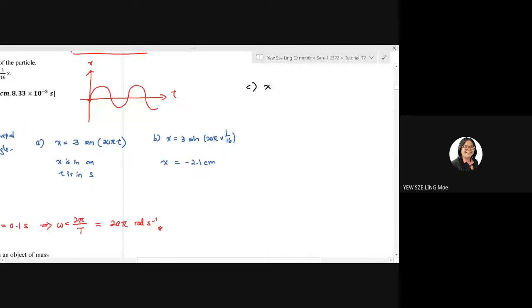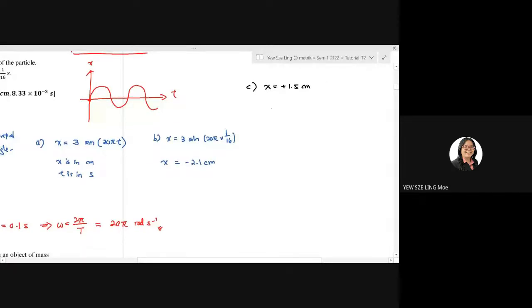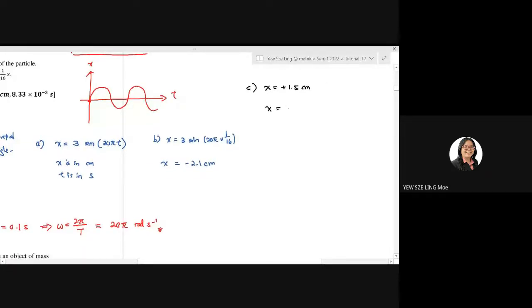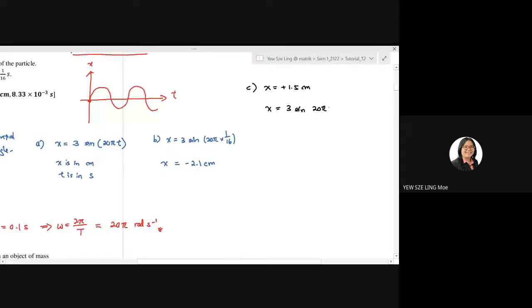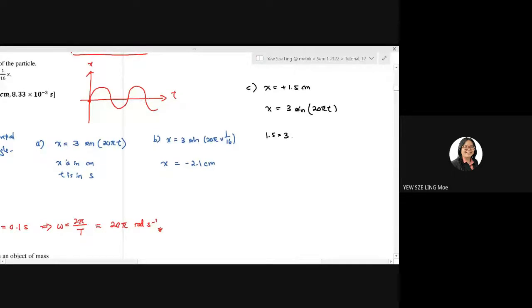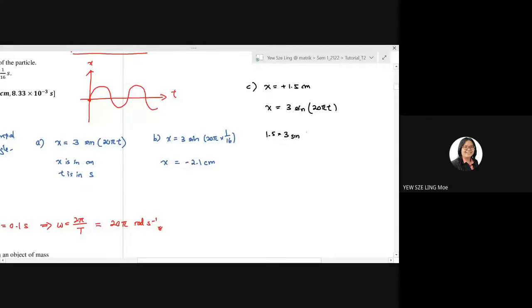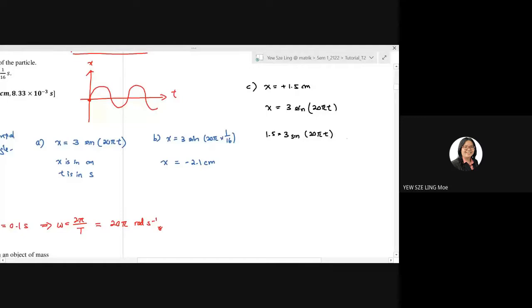Question C. Given x is equal to positive 1.5 cm, we have the equation x equals 3 sine 20 pi t. So we substitute 1.5 into the equation. So 1.5 equals 3 sine 20 pi t.